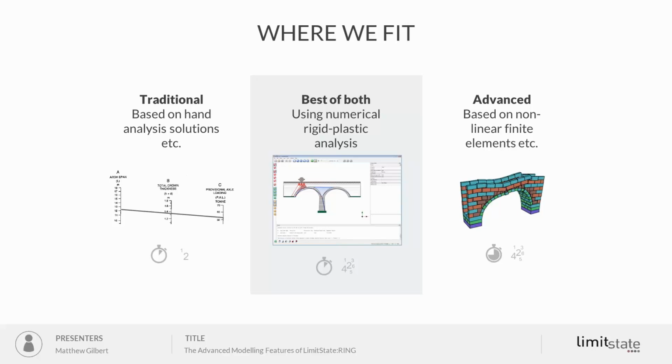So we use numerical rigid plastic analysis techniques to rapidly and directly home in on the collapse load in most cases, although there's an exception that we'll cover today. And the idea is that you can set up and solve those problems very quickly, and also that you have a lot of the flexibility that you have with the advanced tools, in the sense that you can locally modify properties and quickly answer what-if scenario questions in a way that you can't often with simple hand calculation tools.